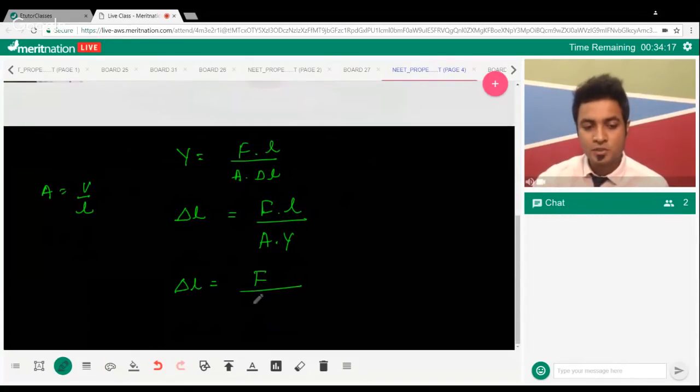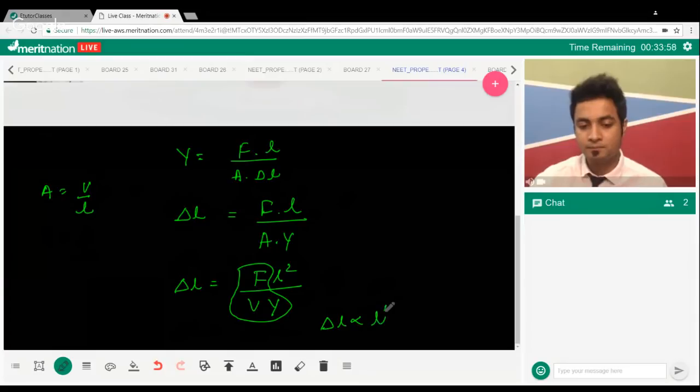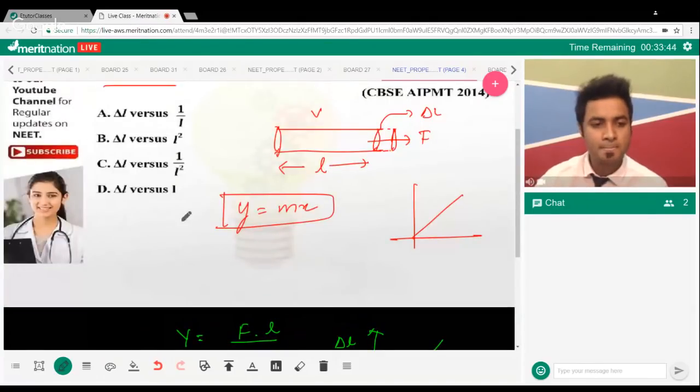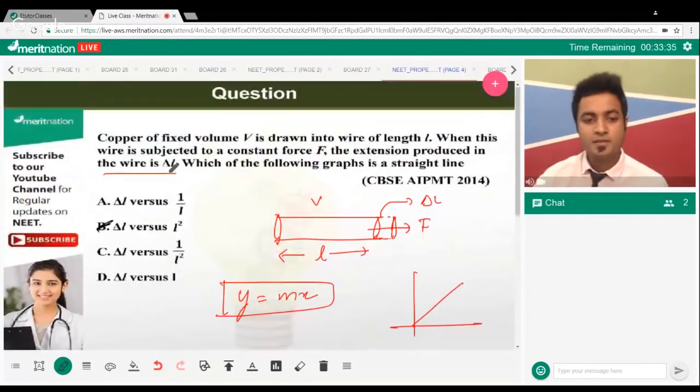So it will become L square, and this is Y. You can see that the rest of the quantities are constant. So delta L is directly proportional to L square, right? If I draw a graph between delta L and L square, it would be a straight line. So we have the answer here, delta L and L square. Okay guys, is that fine?